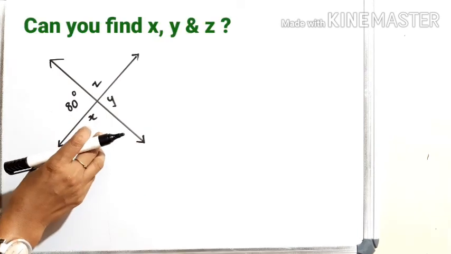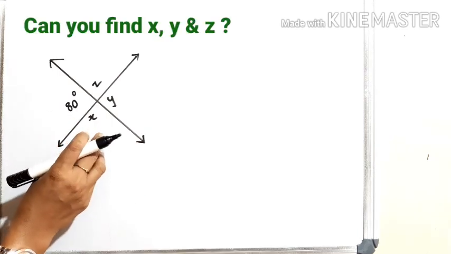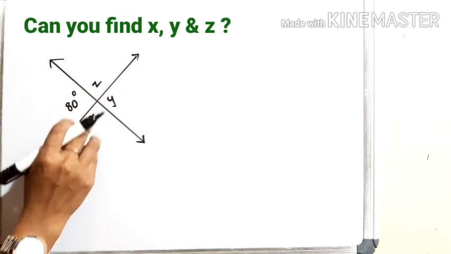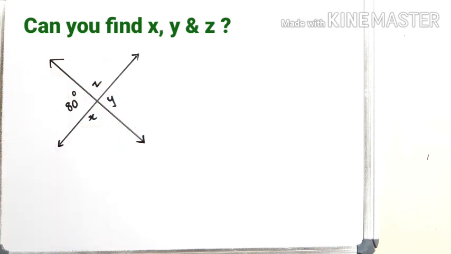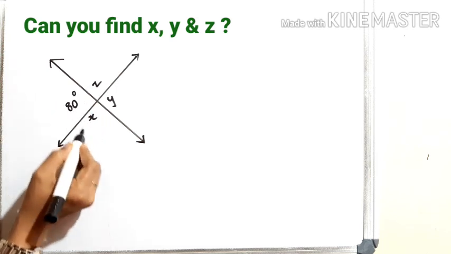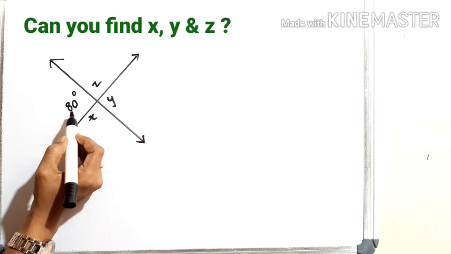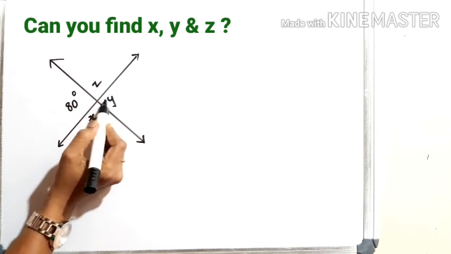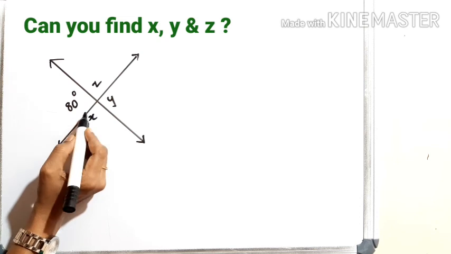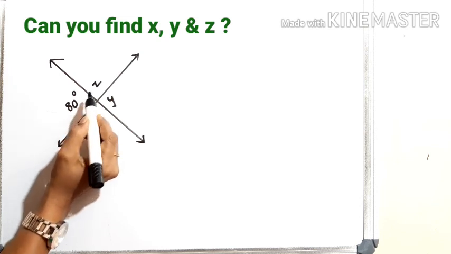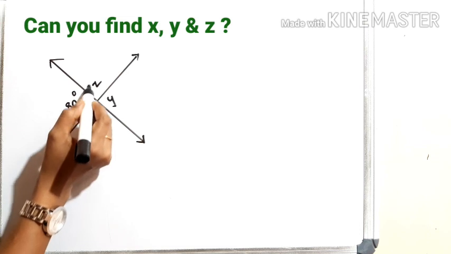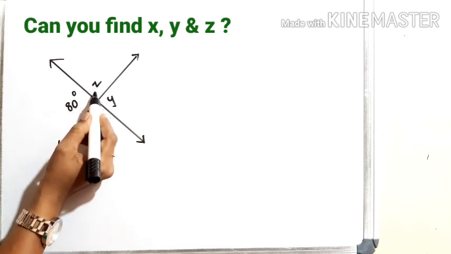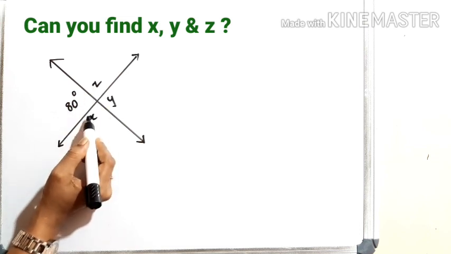From this adjoining figure, can you find the measurement of angle X, Y and Z, children? Listen, how will we find? From this figure, we can understand angle 80 degree and Y are vertically opposite angles, right? Then angles Z and X are also another pair of vertically opposite angles.